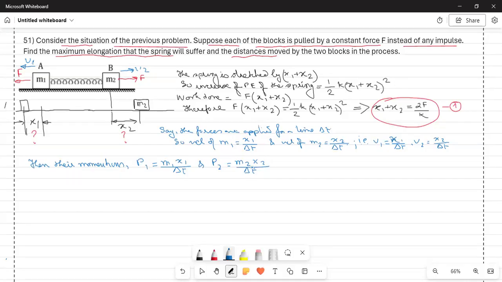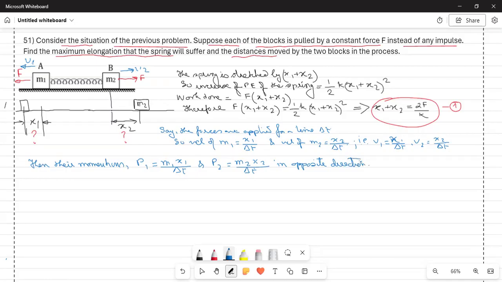Now mind it, the system was at rest in the beginning, then the force was applied, by which the two momentums p1 and p2 have been generated. The main point is these two velocities are in opposite directions, so the momentums are in opposite directions.